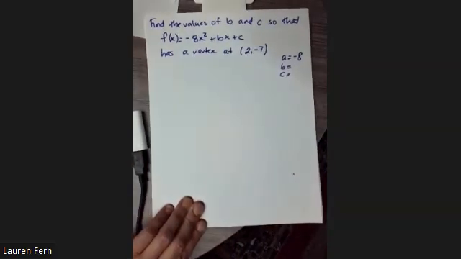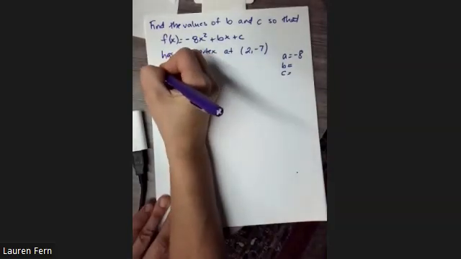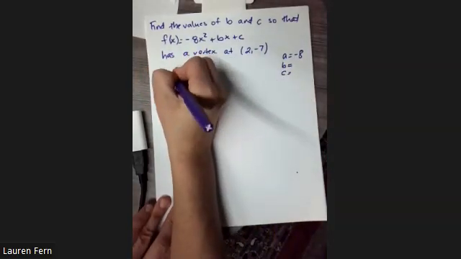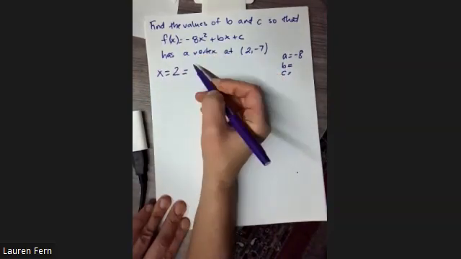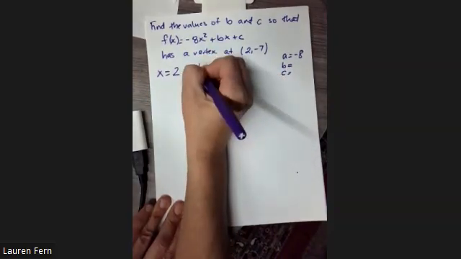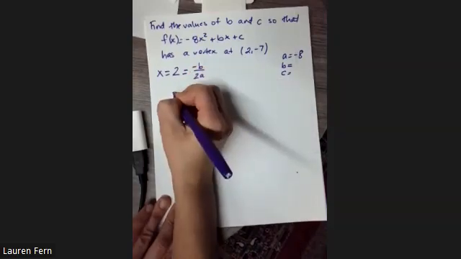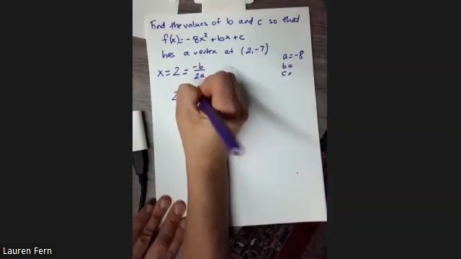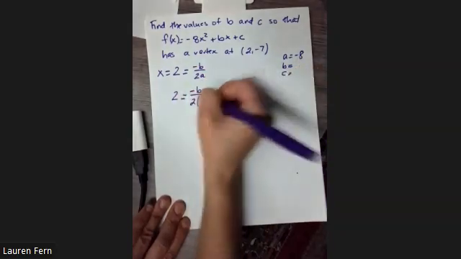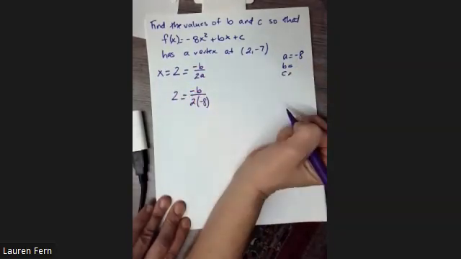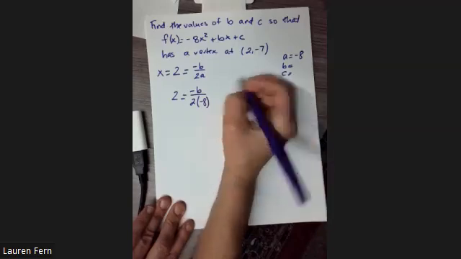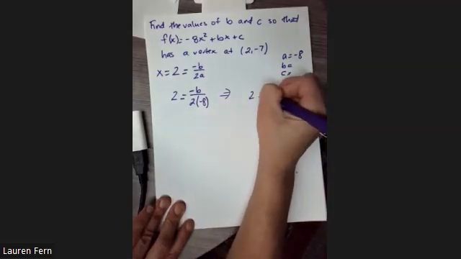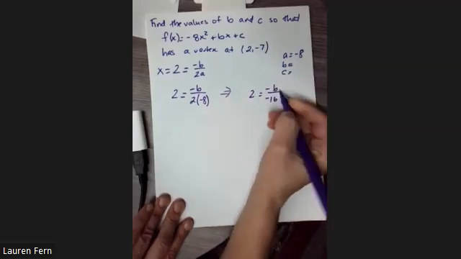Okay, well, what we do know is that the x value for our vertex in this case is 2. And that, by definition, is -B over 2A. So I don't know B, but I sure know that A is -8. So what I have here is 2 is -B over -16.